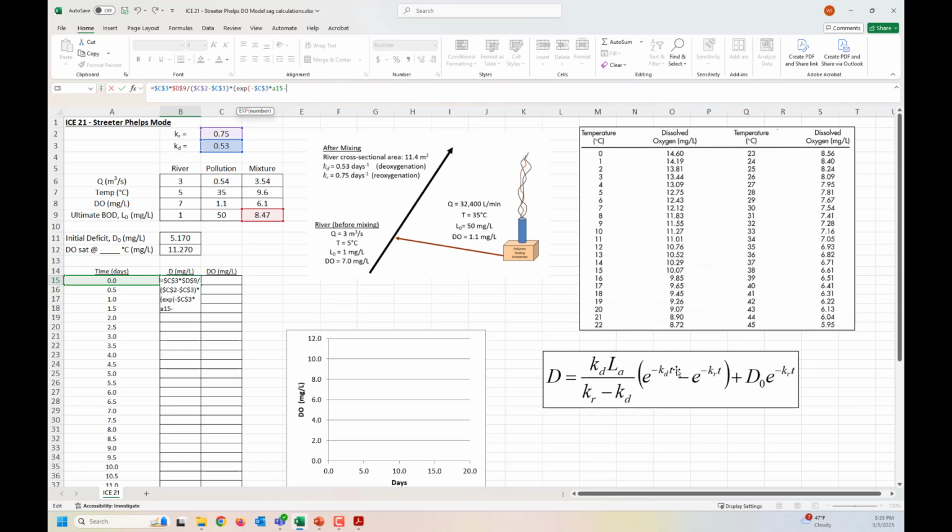Now minus, oh wait, I need to close the parentheses to get the exponential function finished. So minus EXP of minus K sub R, so that's here, anchor the reference by pressing F4, times the time, which is cell A15.